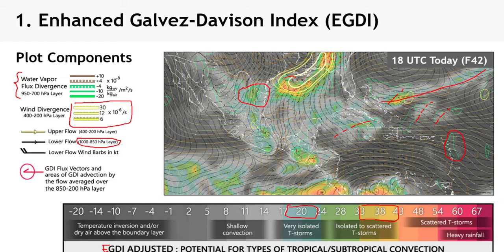And if you look at this, this is for 18 UTC. Right now it's only 15. But if you look at this forecast, it is showing strong convection in the northern Gulf of Mexico, just to the south of Louisiana. And you can see that the GDI is high. We're in the orange range. Then you can see that the low-level winds are converging.